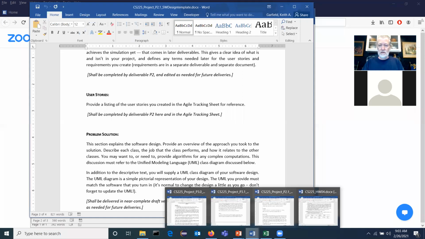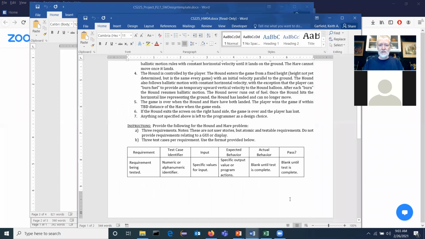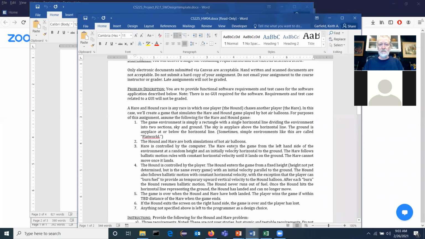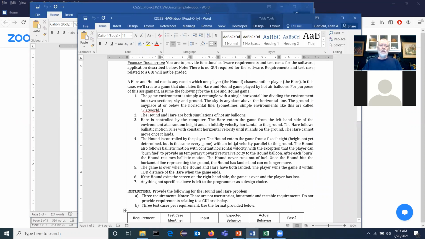And then lastly, to give you practice, here's homework 4. And so homework 4 gives you a description of the hare and hound game that you're creating. The projectile assignment was the first step in that. Hare and hound is a balloon race where you have a bunch of balloons, and then one balloon goes off and lands somewhere, and then all the other balloons take off, and whoever lands closest to the original one wins the contest.